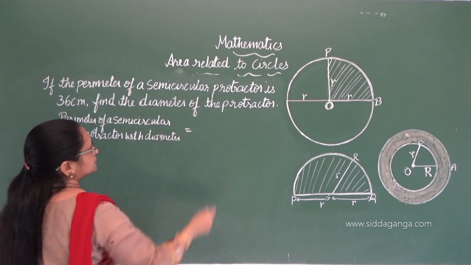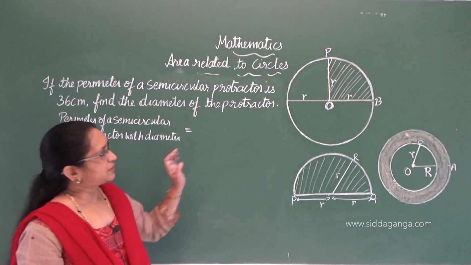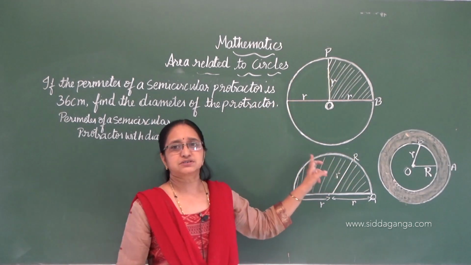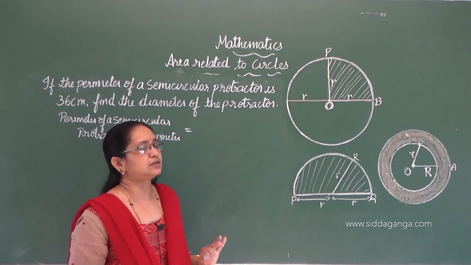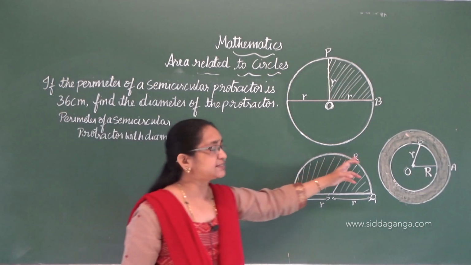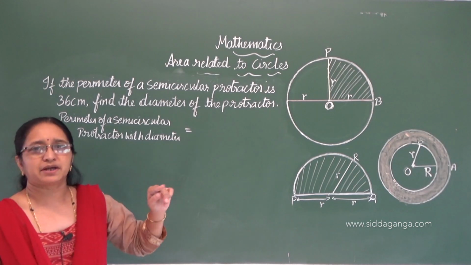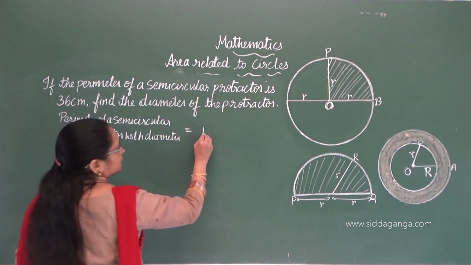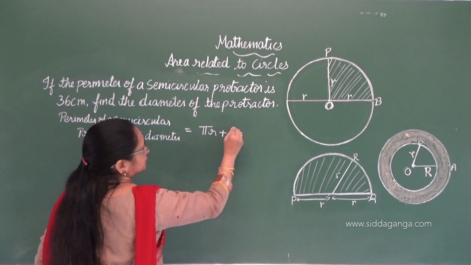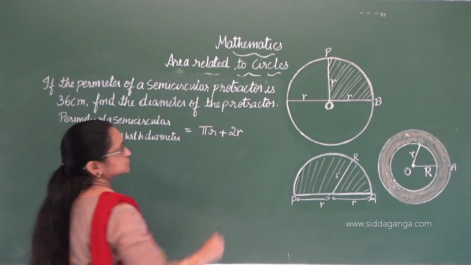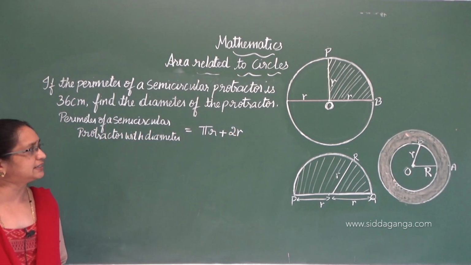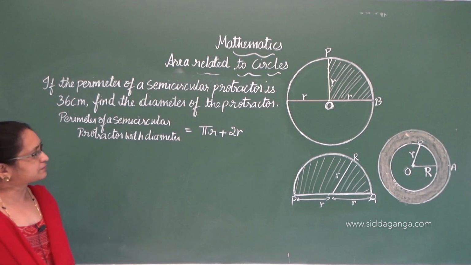What is the formula? The circumference of a circle is 2 pi r, and of a semicircle it is only pi r, you all know, 2 pi r divided by 2. So, pi r plus diameter, which you can write as 2r, or d directly.